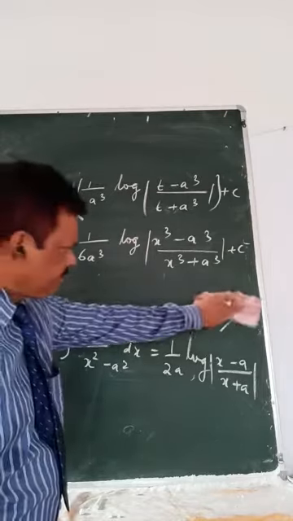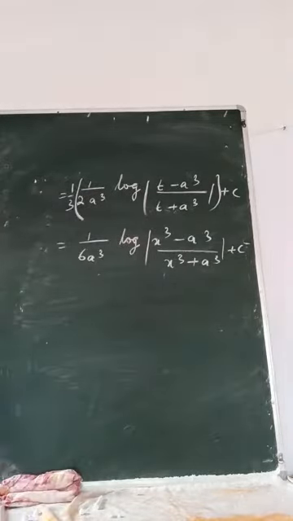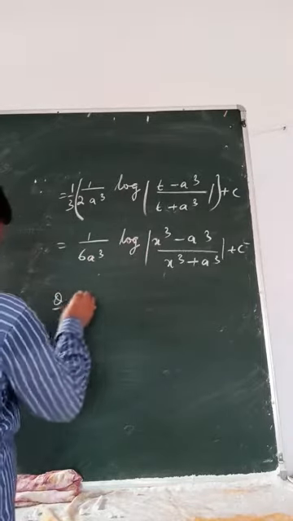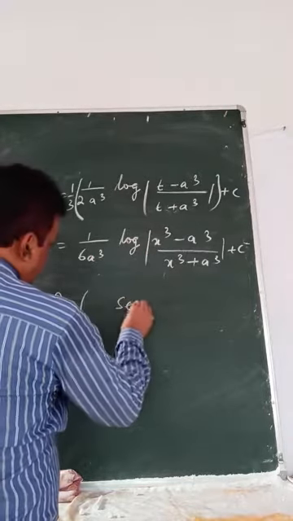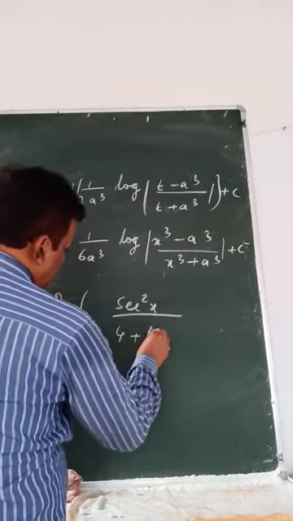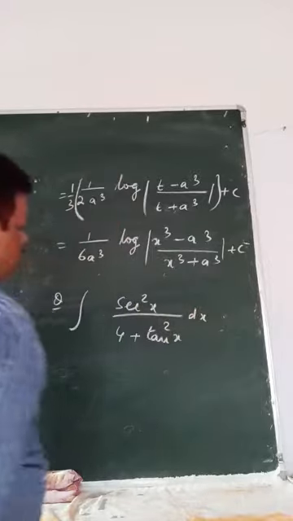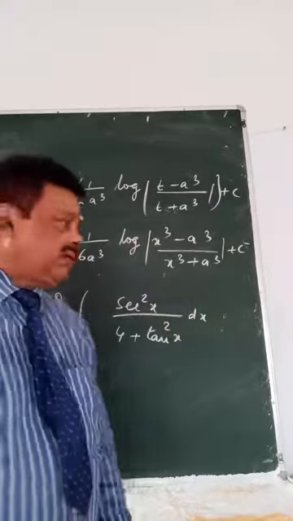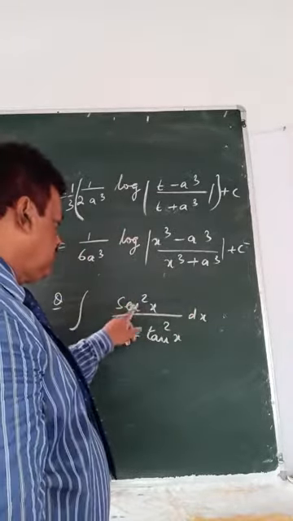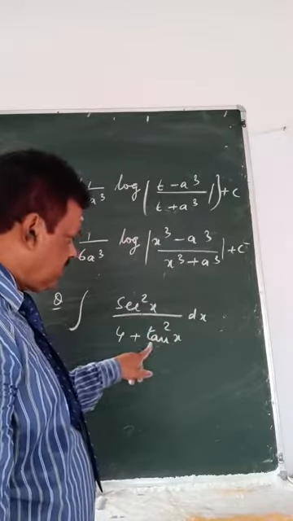Suppose an everyday question: sec square x by 4 plus tan square x. Same problem, the numerator should be 1, so I have to make it 1. How? I have to make tan x equal to t.